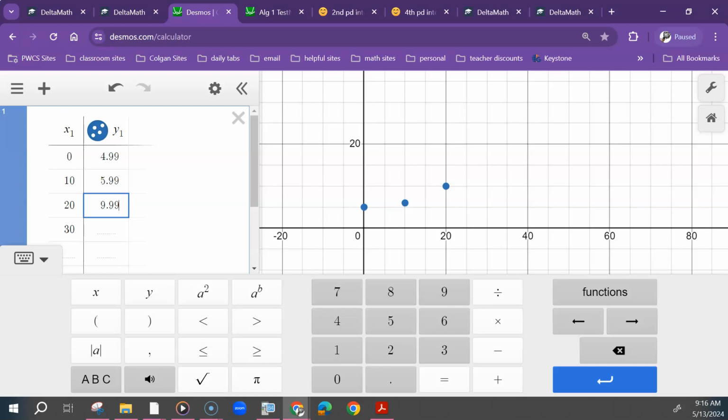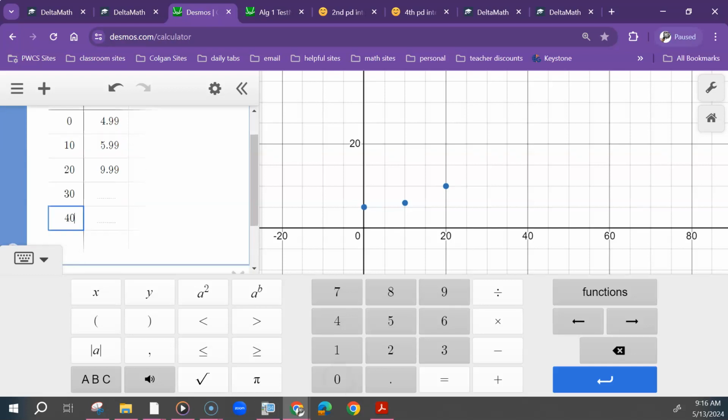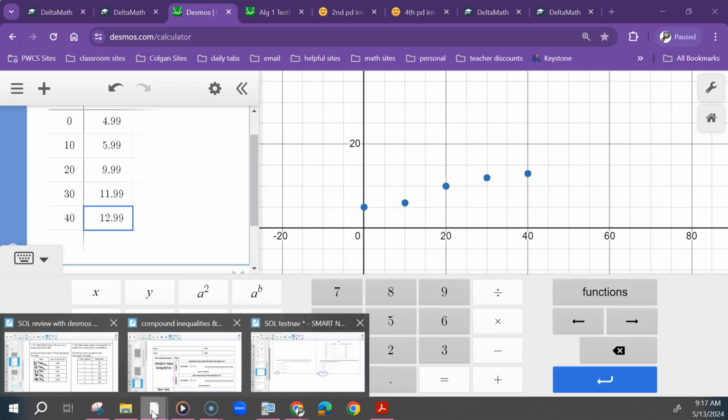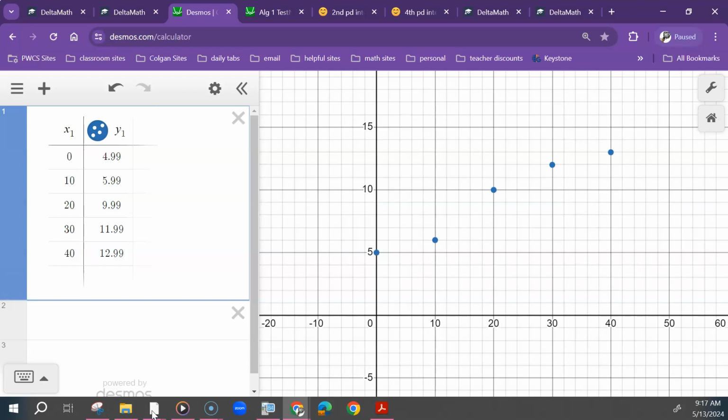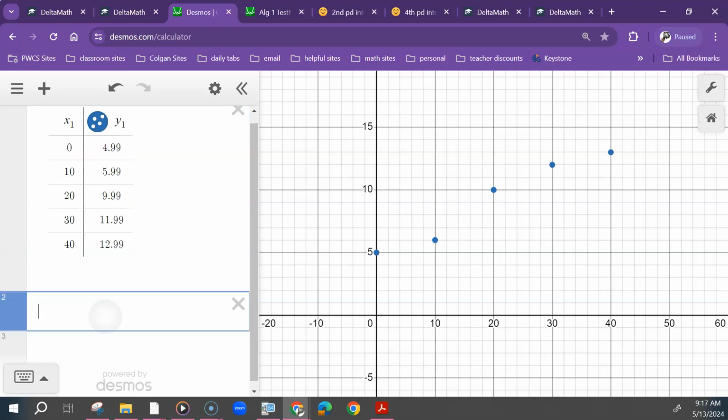Oh, mine must have cut off. Okay. All right. So we see it's making a line, and then we're going to type in our y1 tilde mx1 plus b.